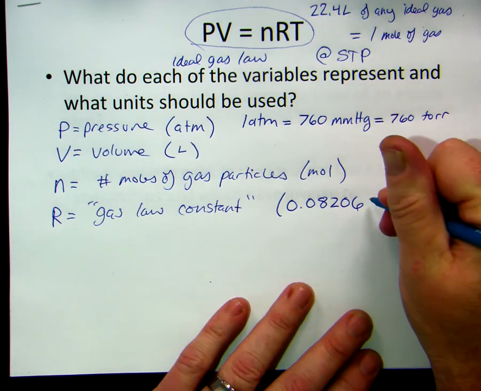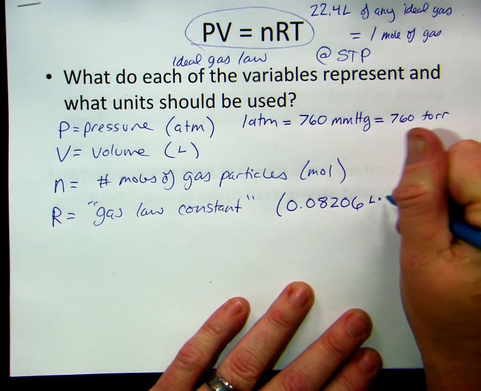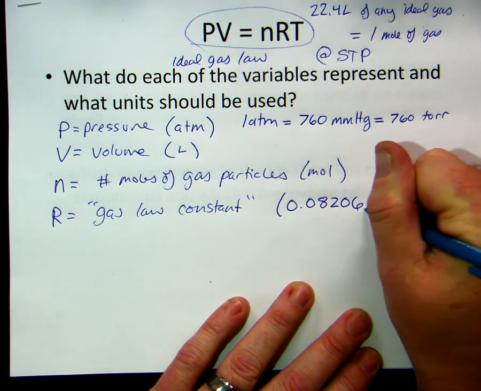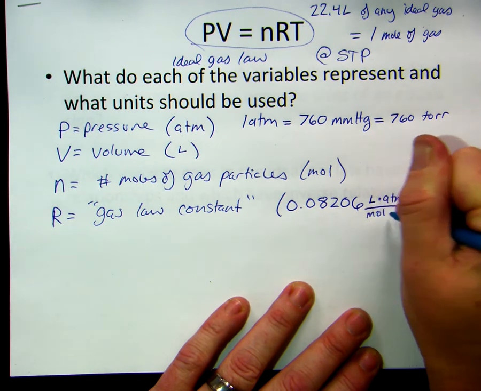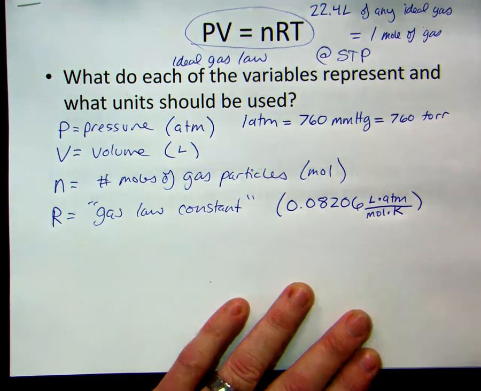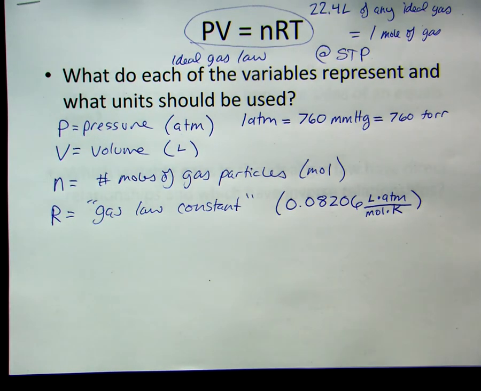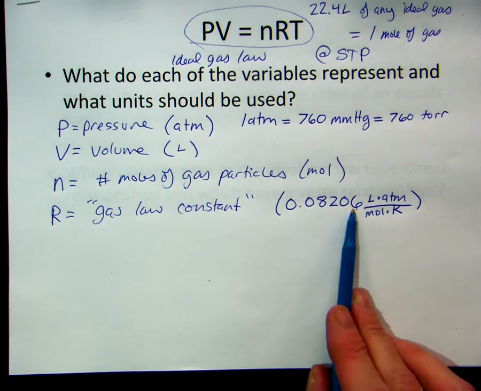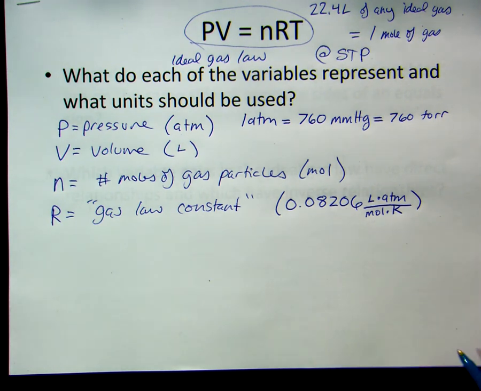And it has crazy units. The units are liters times atmospheres over moles times Kelvin temperature. If you see 0.0821, that's the same number to 1 less sig fig. That's what they use in the book a lot.